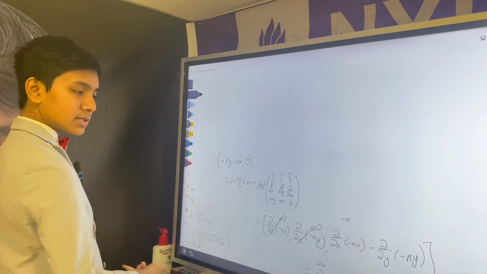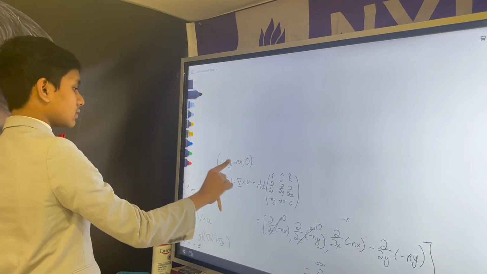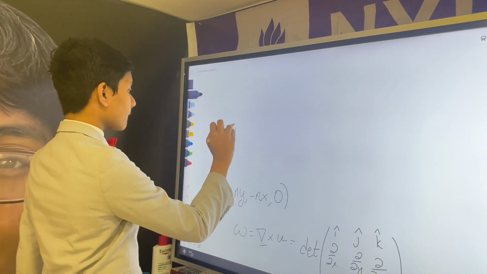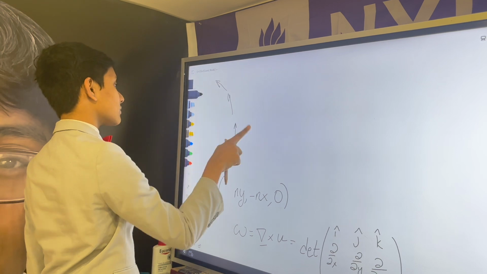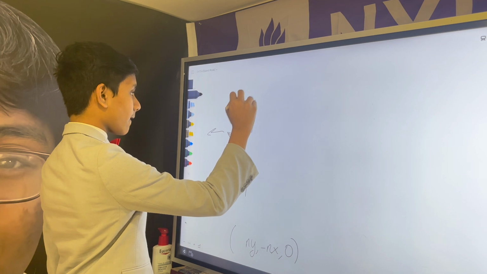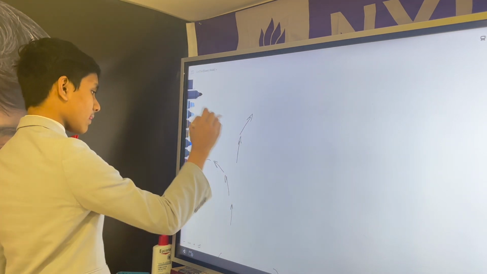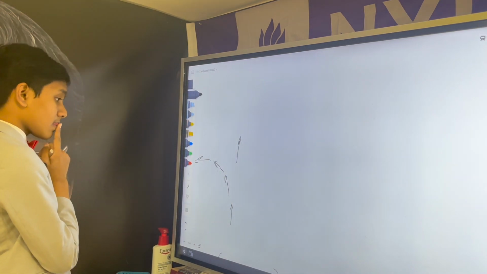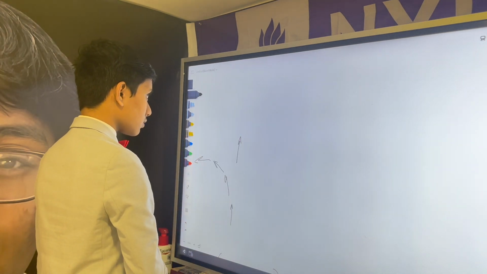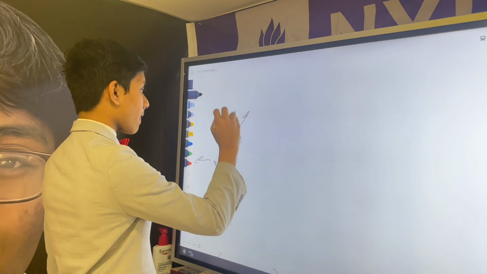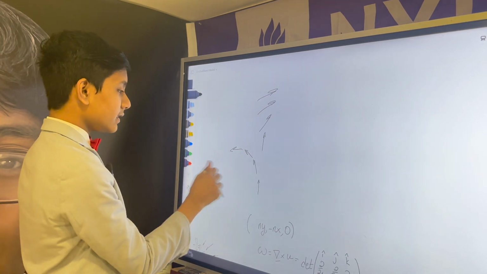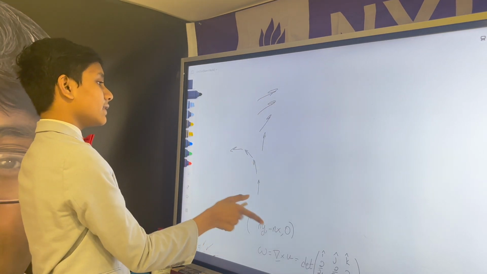So to add some sort of curl, you have to make one of these positive, because now we have something like this instead of something like this. So this is what we're looking for instead of this kind of thing.